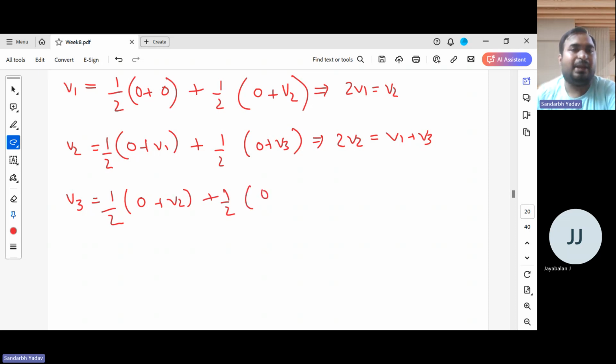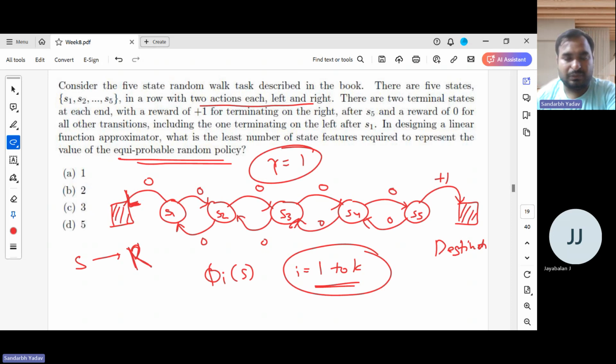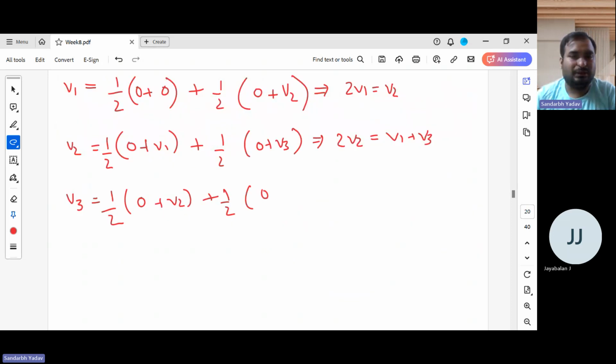Remember, I'm not using gamma since gamma is 1, and in the initial phases all the rewards are 0, so I'm writing them as 0. So 2V3 equals V2 plus V4. If you go left, you go to V2, and if you go right, you go to V4 from V3.